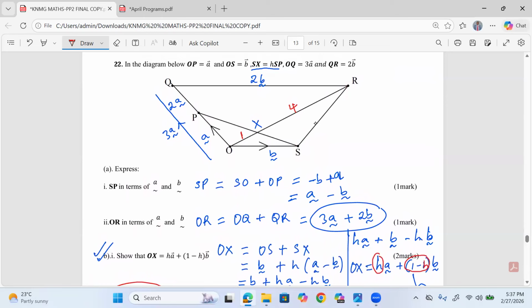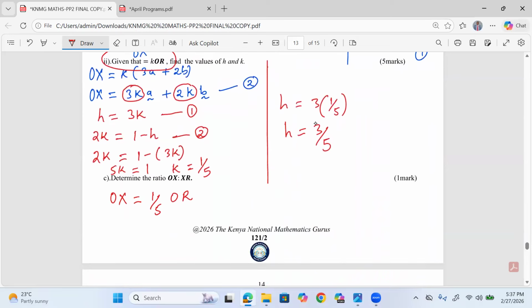And so we can say that OX to XR is 1:4. That is the ratio, and that is how you are supposed to state it.